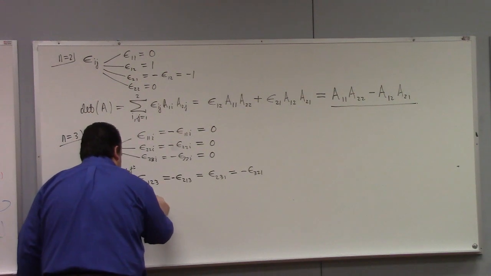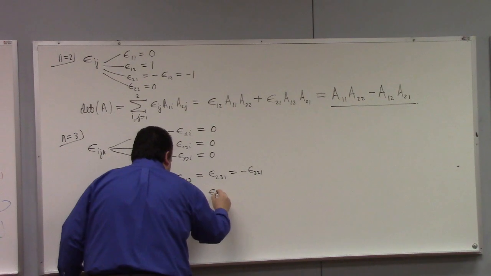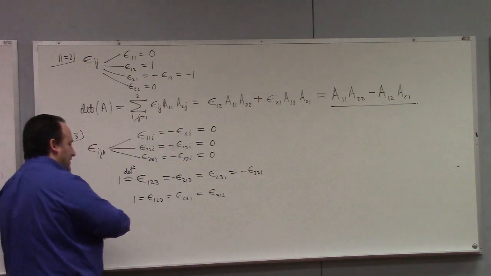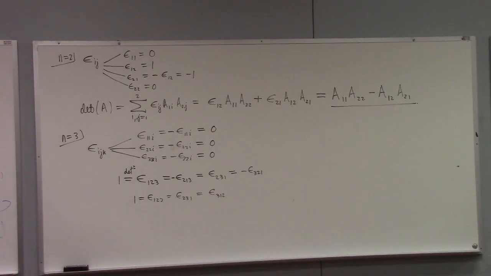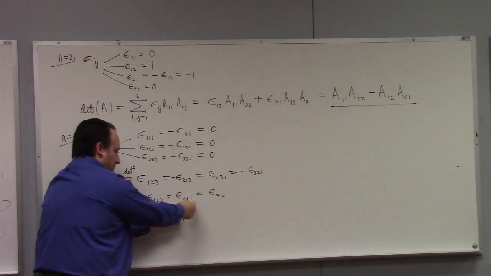Epsilon 1,2,3 is equal to epsilon 2,3,1, which is equal to epsilon 3,1,2. I call these the cyclic permutations of 1,2,3. Basically, you're just taking the indices and pushing the last one back around to the front.